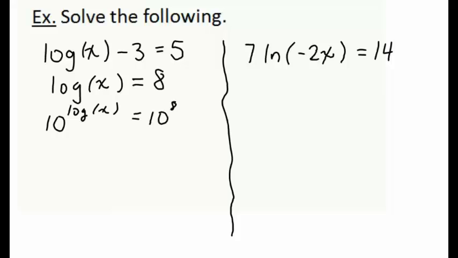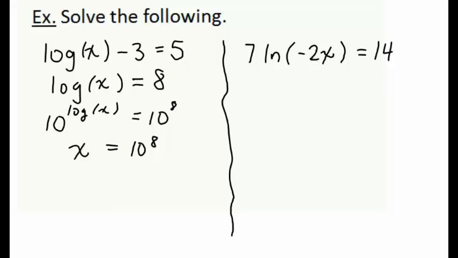And what we've done over on the left-hand side is now we have an exponential expression that's base 10 and a base 10 logarithm, so those two actions undo each other and we're left with the inside portion of our logarithm, which is x. So our final answer over on the left-hand side is x equals 10 to the 8.